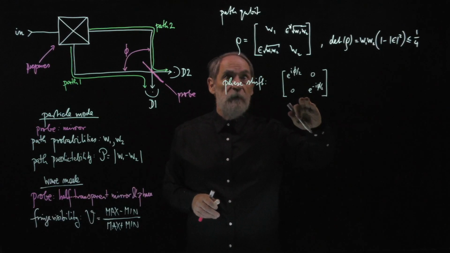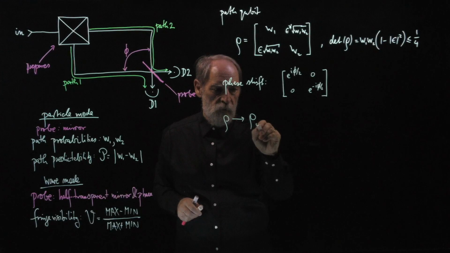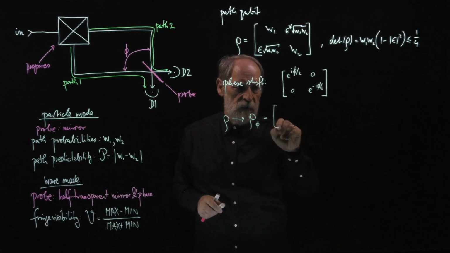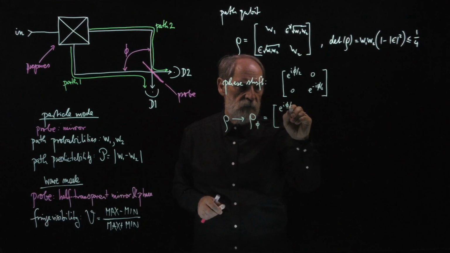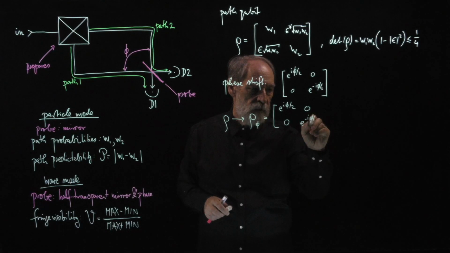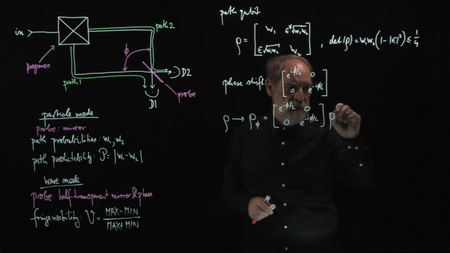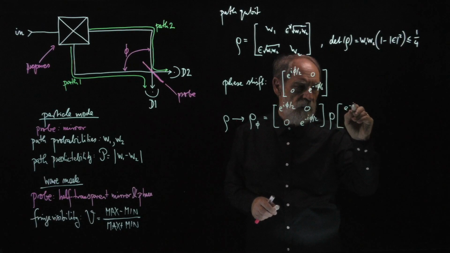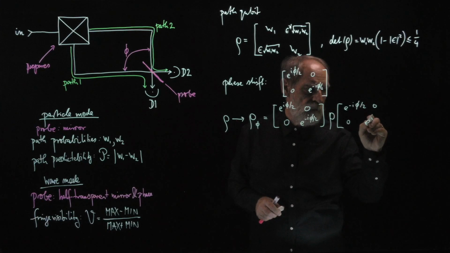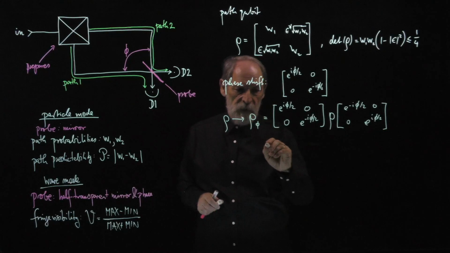So with this phase shifting, the rho is turned into rho after the phase shift, rho phi, which is equal to this matrix e to the i phi half, 0, 0, e to the minus i phi half acting on rho from the left, and its adjoint, e to the minus i phi half, 0, 0, e to the i phi half acting on the right.